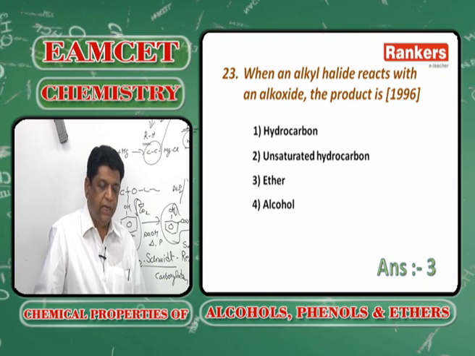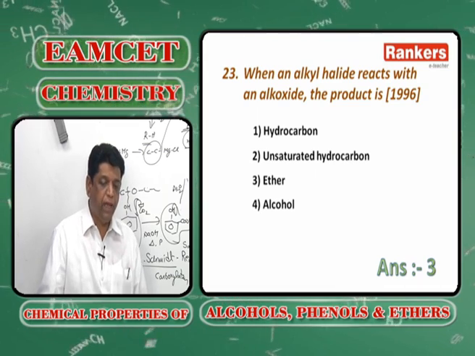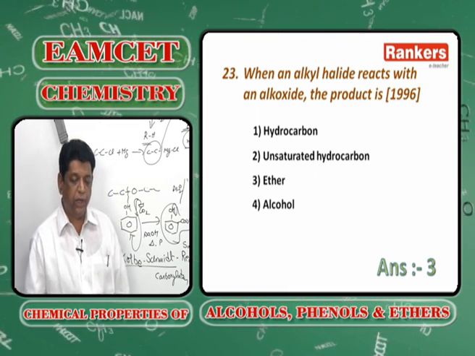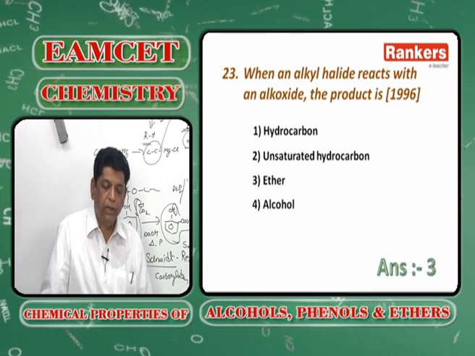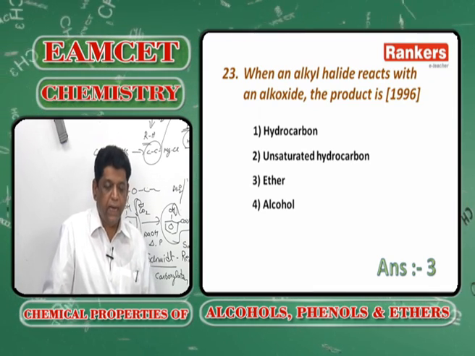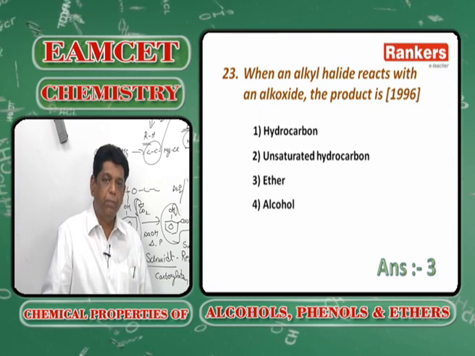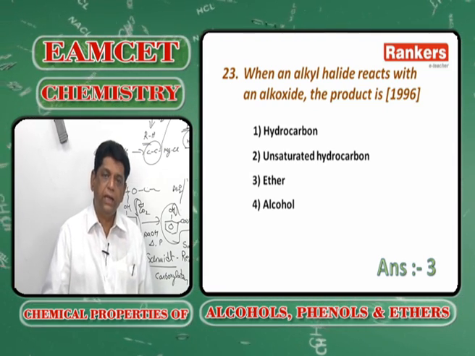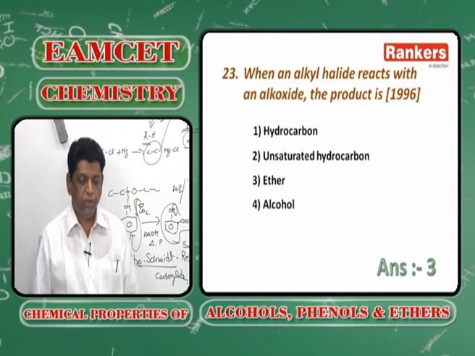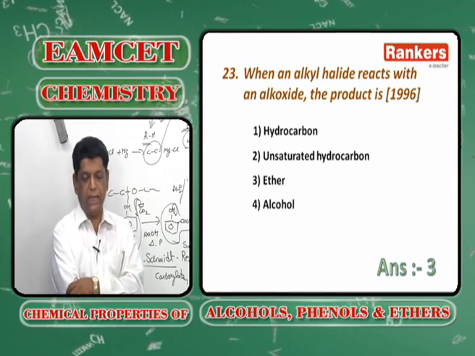If alkoxide and alkyl halide are taken, sodium halide is formed. Sodium halide happens to be more stable than water. As the byproduct increases, our product also increases. A side product increasing is dangerous for us, but a byproduct increasing always encourages the main reaction also. So that philosophy drives the reaction here. The ether is the answer.